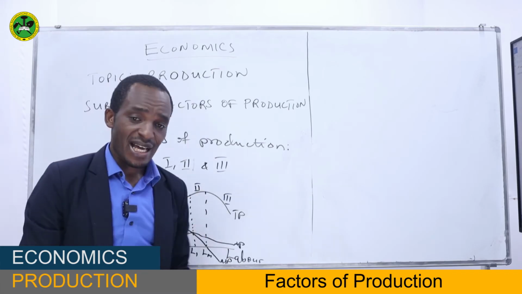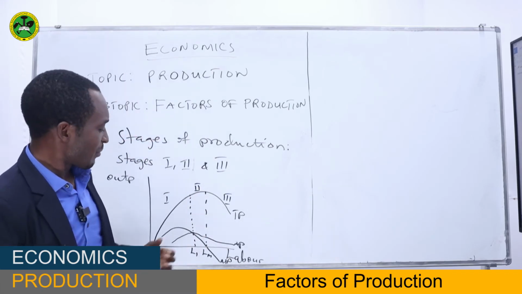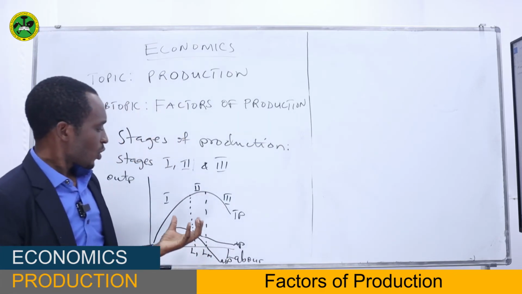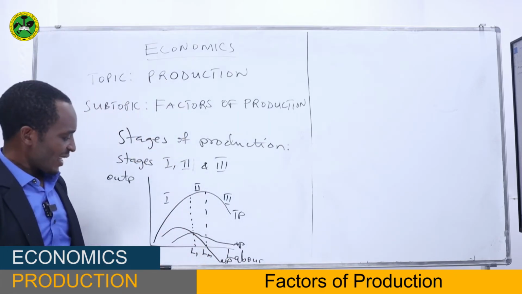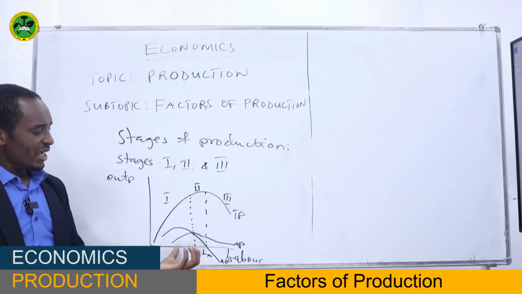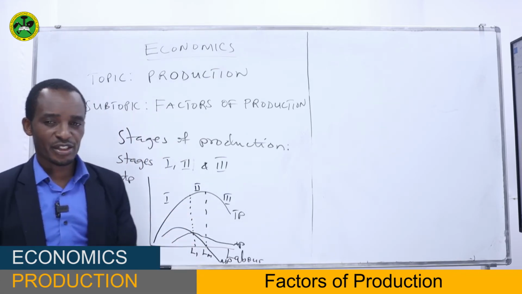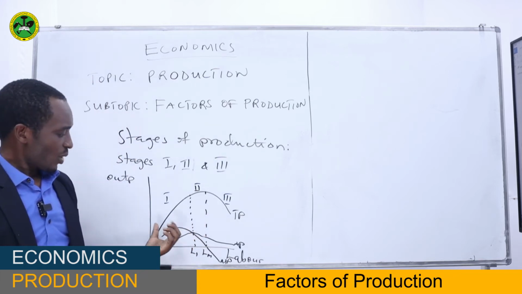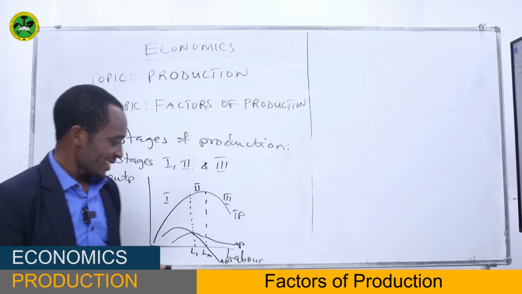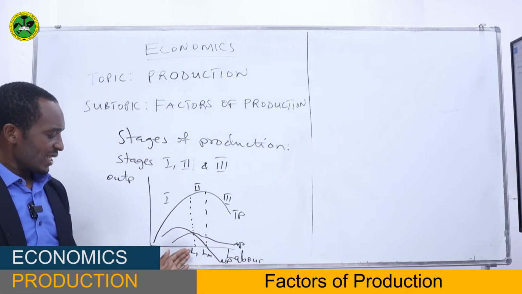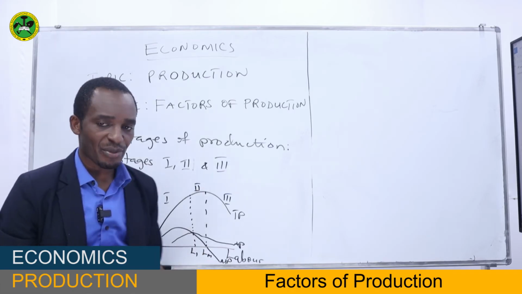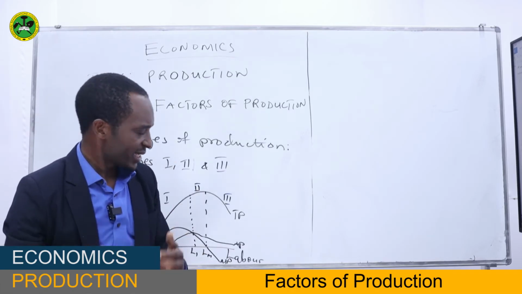Now by using this diagram, you will be able to solve various economic problems or to do some numerical analysis to see the behavior of the production in the short run. And this will help a producer, or will help you to take some decision, either to increase the number of labor in order to increase output, or to reduce the number of labor in order to change the output.